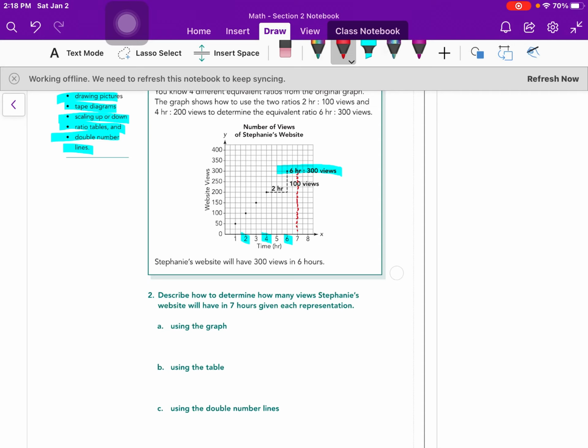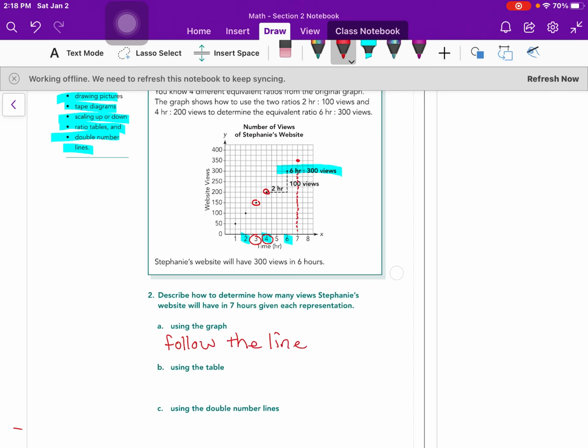Okay, well, in 7 hours, using the graph right up here, we probably can just kind of follow the line that we are making here. We can also look at 4 hours and 3 hours. 3 hours was 150, 4 hours was 200, so we could add those two together to get 350. So we can follow the line on the graph to make a determination.